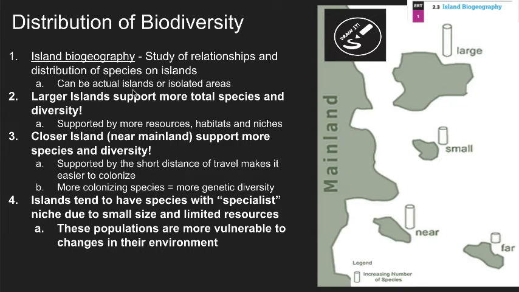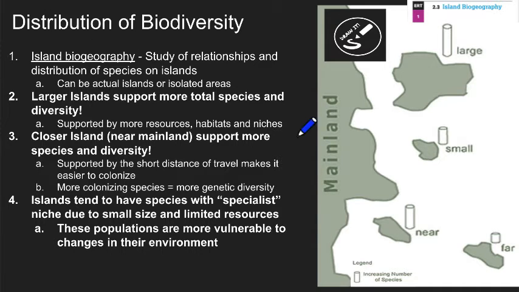Biodiversity is also distributed sometimes based on how organisms move and the ecosystems that are there. So we have this theory of island biogeography, which states that biodiversity is related to the distribution of the species on the island itself. These can be actual islands or isolated islands.